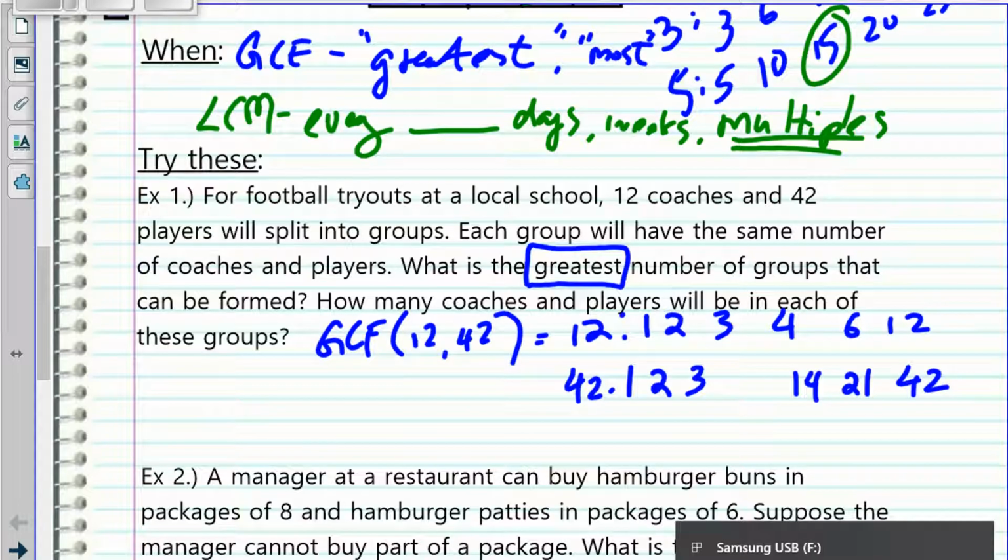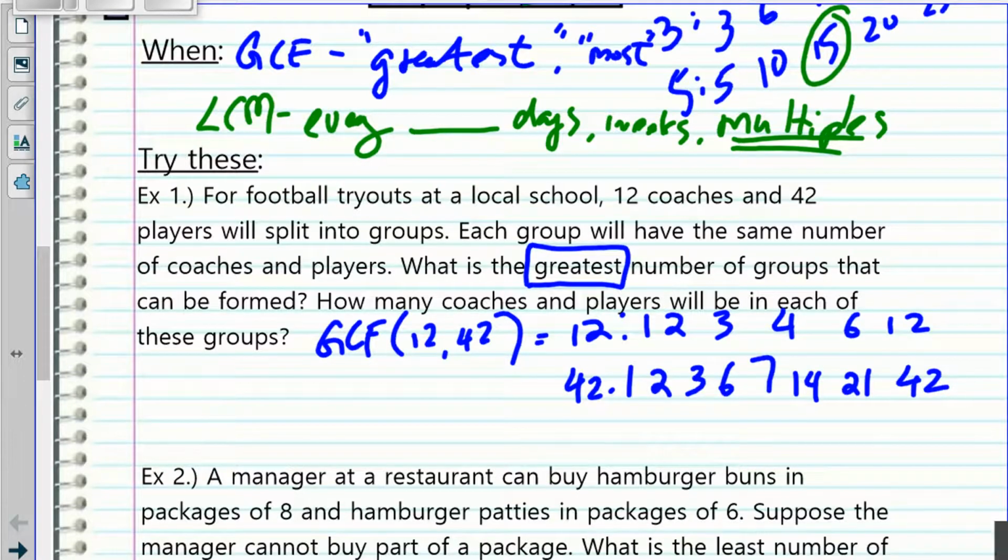Let's see, 4, nope, 5, nope, 6, 6 times 7. Okay, so what is the greatest common factor between these two numbers? Let's see, is it 1? Nope, not the greatest. 2, yeah, maybe. 3, yeah, maybe. All right, let's see, I see 6. Yep, that's it, 6. 6 is the greatest common factor.